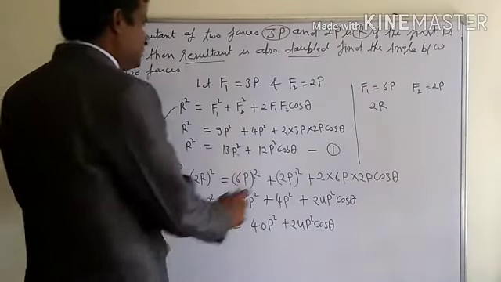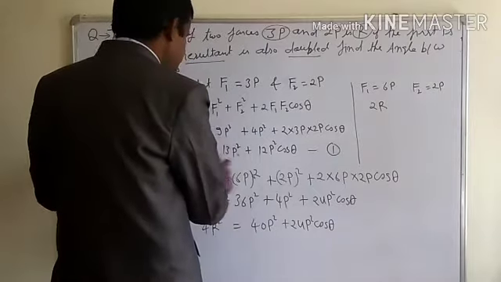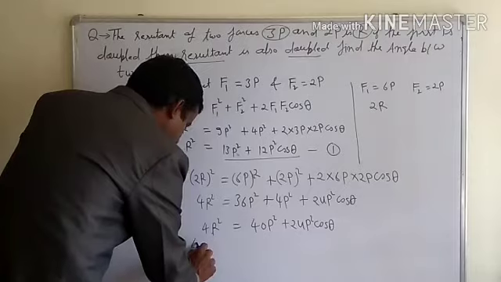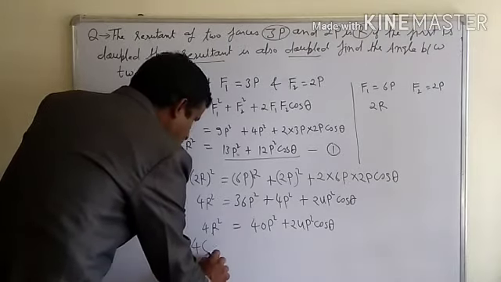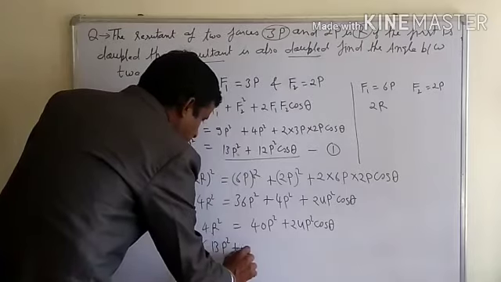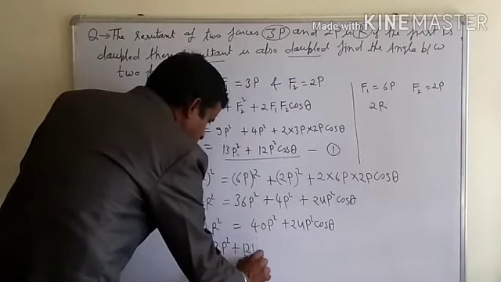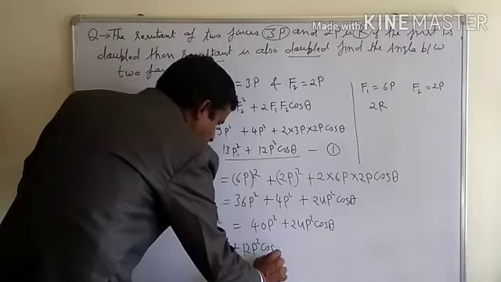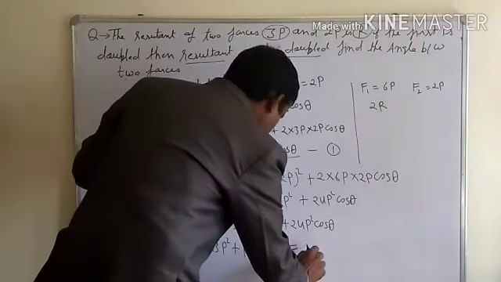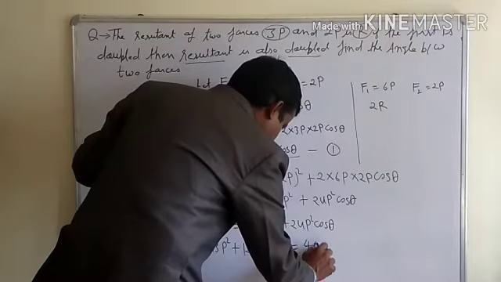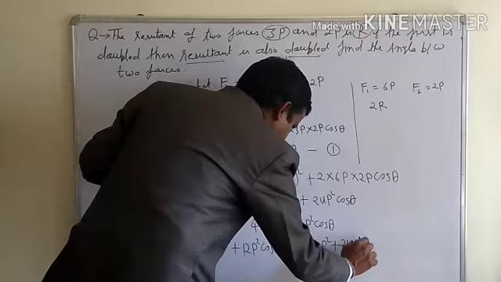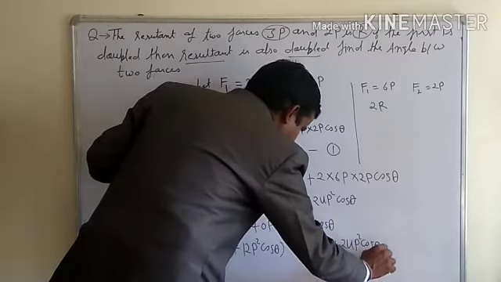Now you know that from relation 1, R square is that. I am going to substitute this value over here. 4 times (13P square plus 12P square cos theta) is equal to 40P square plus 24P square cos theta.